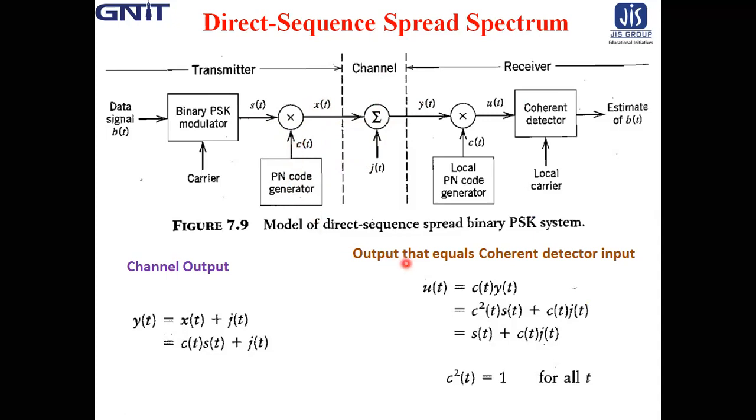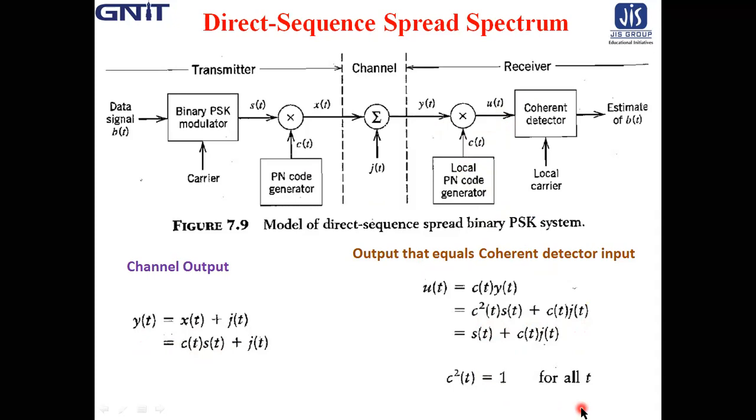The coherent detector input u(t) is basically the product of y(t) and c(t). By putting the value of y(t), that is c squared(t) s(t) plus c(t) times j(t).